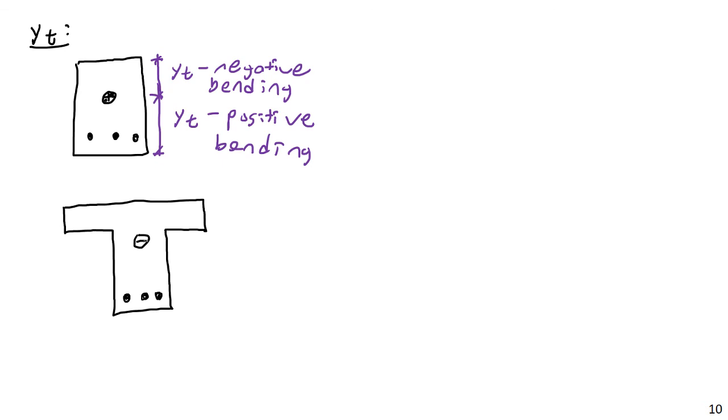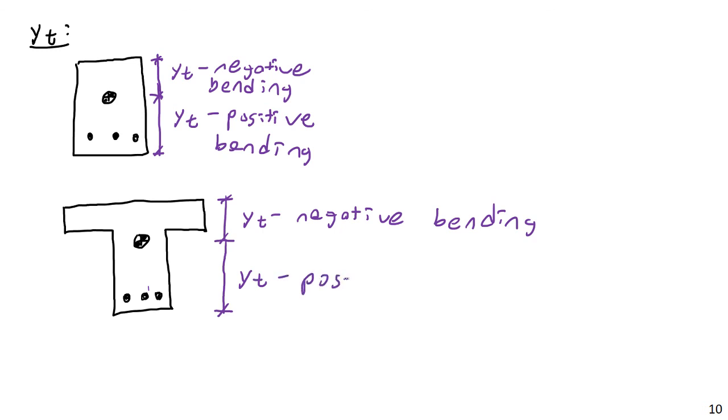So the yt would be very different depending on whether you're dealing with positive or negative bending. It'd be much larger for the positive case than the negative case. This is the yt for negative bending, where the top is in tension, the bottom is in compression. And positive bending, the opposite, our normal bending, and this would be yt for positive bending.